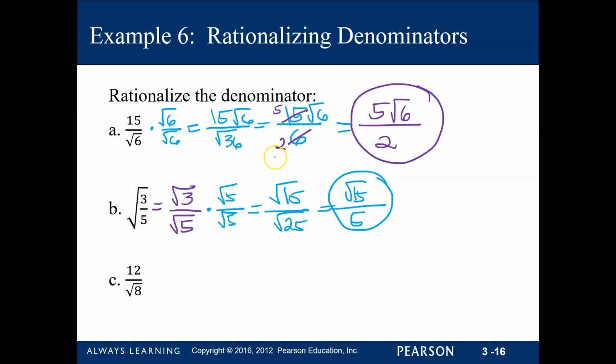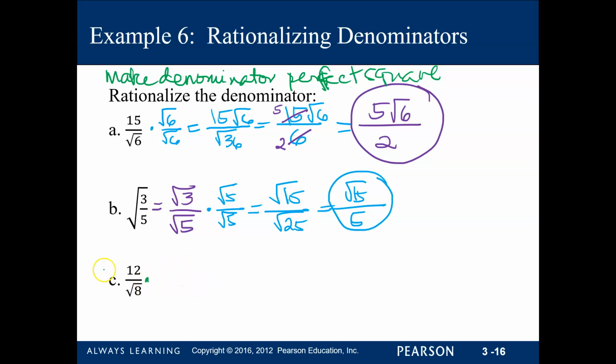All right, now letter C is a special case. Why? Because remember, our goal in rationalizing the denominator is to make the denominator a perfect square. In the case of letter C, our square root at the bottom is 8. Yes, we can multiply it and have square root of 8 times square root of 8.